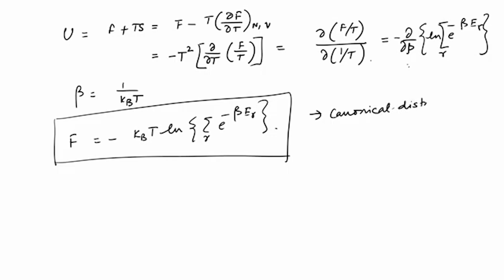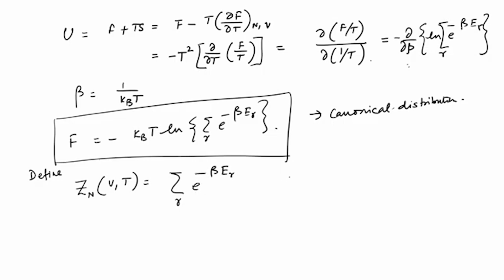So, this is the Helmholtz free energy in the canonical distribution, and so we can define a quantity called Z, the partition function. I will write it with N just to make sure that this is for constant N, that is, the number of particles is not exchanged, and it is a function of V and T, which is equal to the sum over R of exponential minus beta ER.